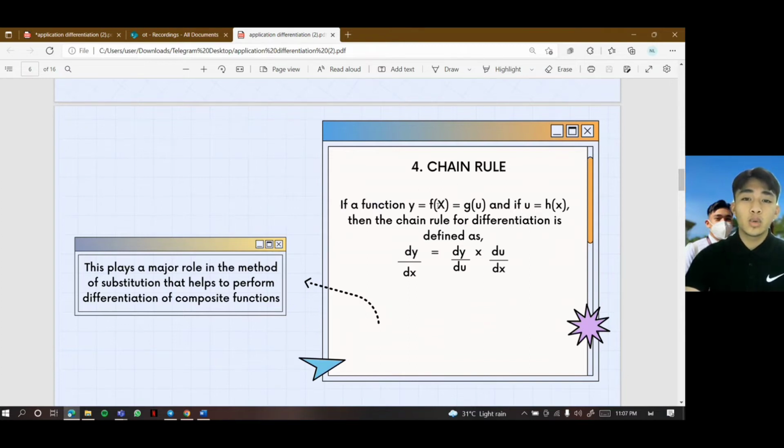If a function y = f(x) = g(u), and if u = h(x), then the chain rule for differentiation is defined as dy/dx = dy/du times du/dx. This plays a major role in the method of substitution that helps to perform differentiation of composite functions.